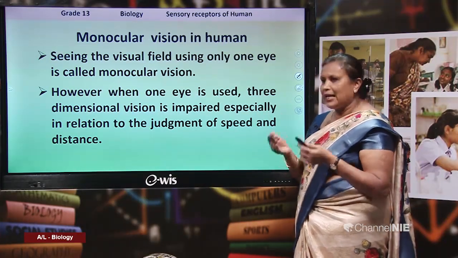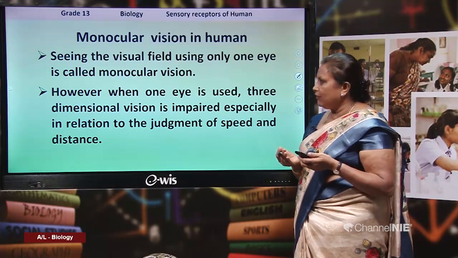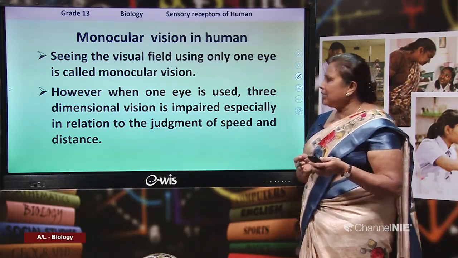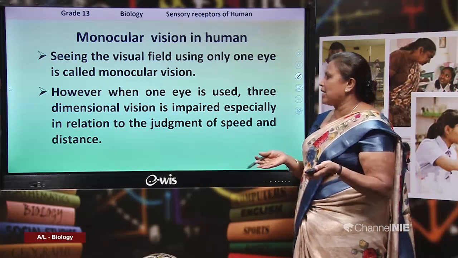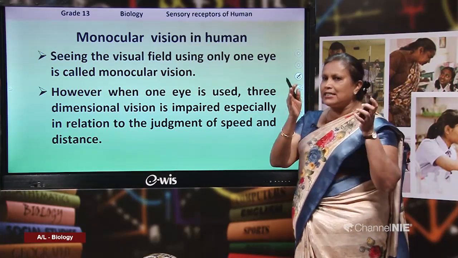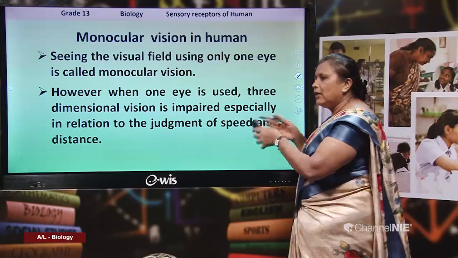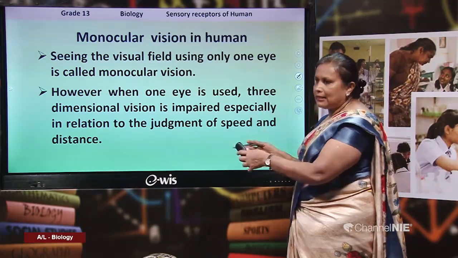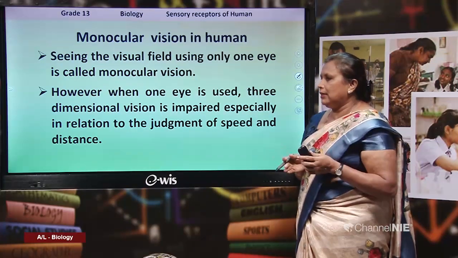So therefore, they can have the three-dimensional view to a certain extent. But in certain organisms, the eyes are present on two sides of the head. So at once they can see only one side. The other eye is used to see the other side. Therefore, they can't see the middle region in detail.